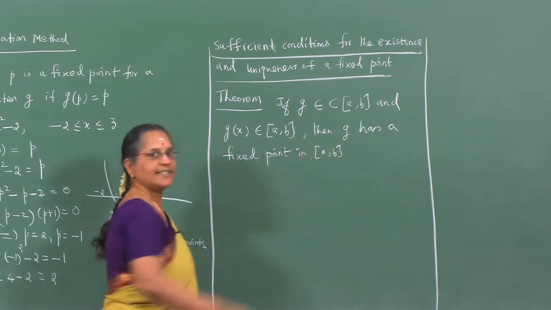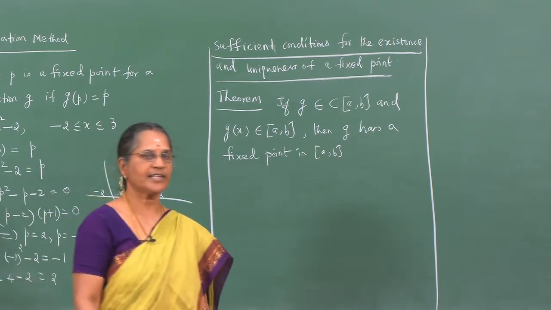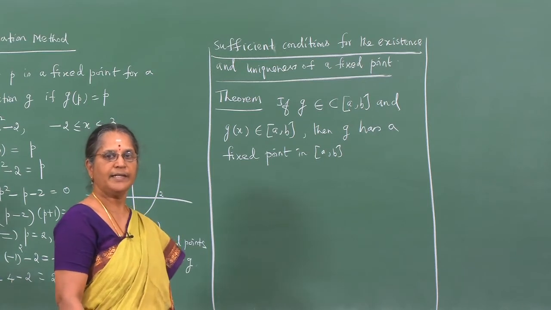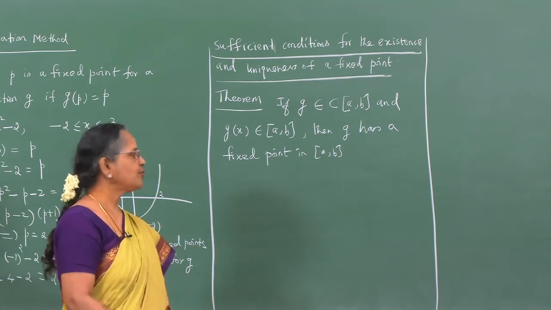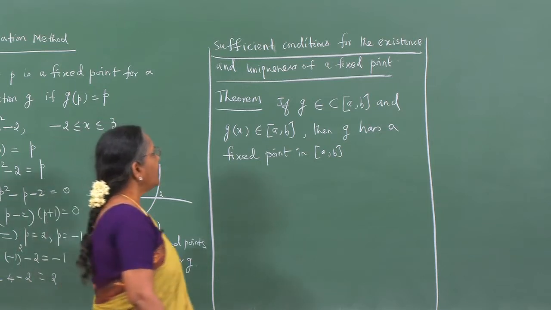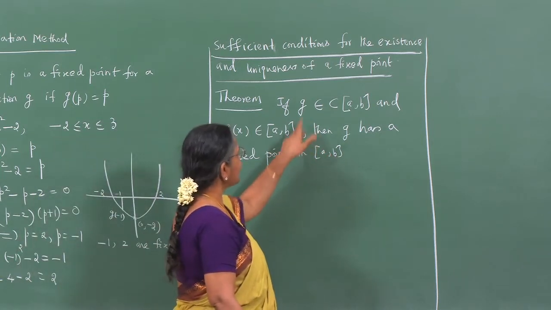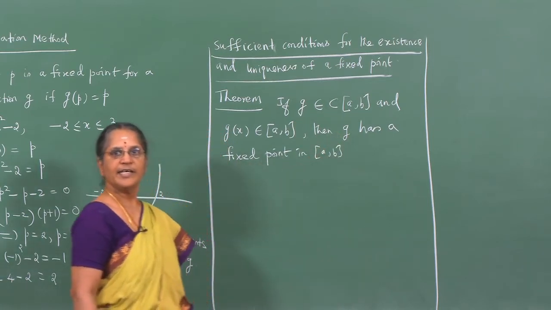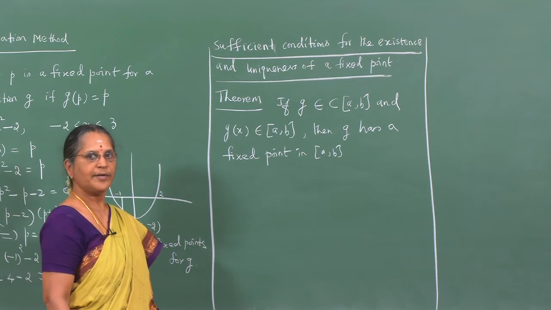So, the conditions that g must satisfy are that g is a continuous function on the closed interval a b and g takes values on the interval a b. And if these conditions are satisfied, then g has a fixed point in that interval a b.